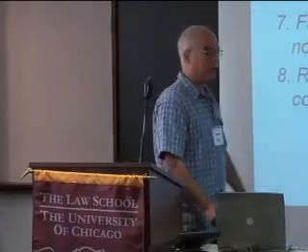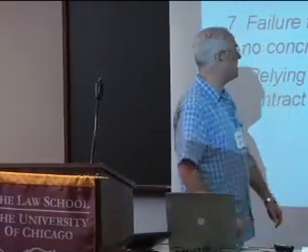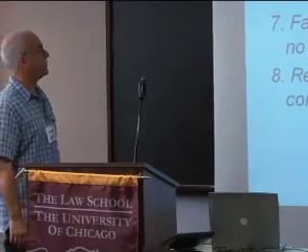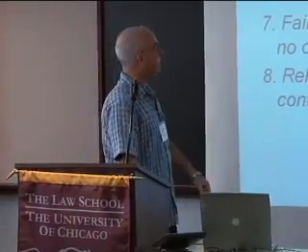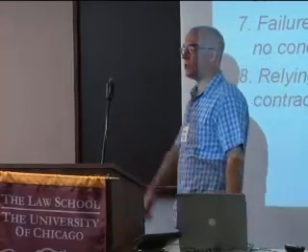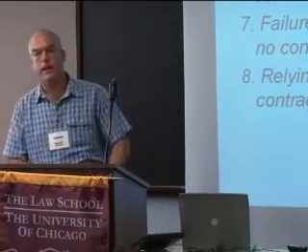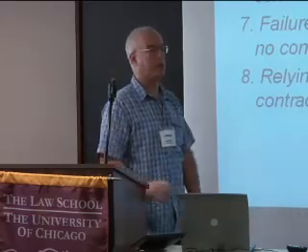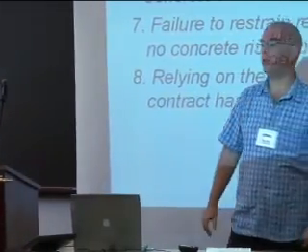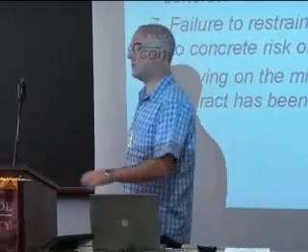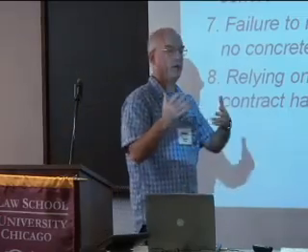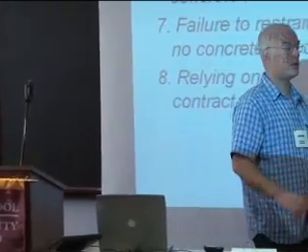The second heading is cases of over-reliance. There are 3 categories under this heading. The first one is failure to restrain reliance in the face of a concrete risk of a breach. So you could imagine a situation in which the promissor, well, it's not an anticipatory breach, but still there is a substantial risk of a breach of the contract, say 50%. And the promisee could estimate that there is a substantial risk of a breach.